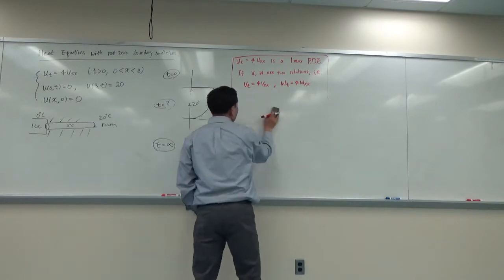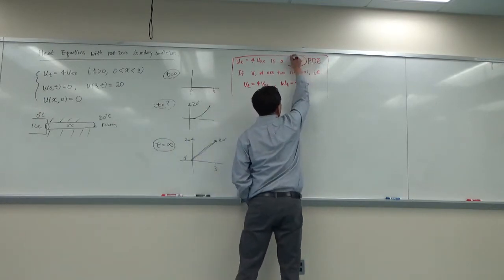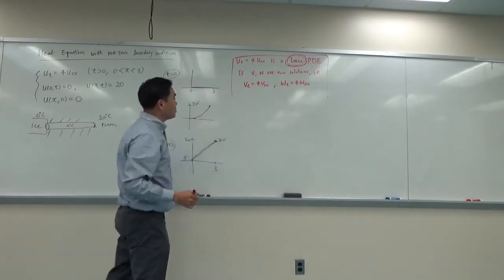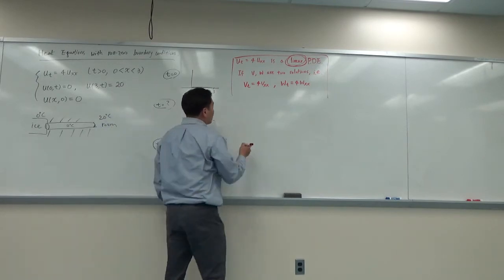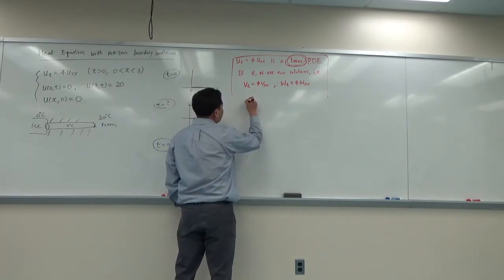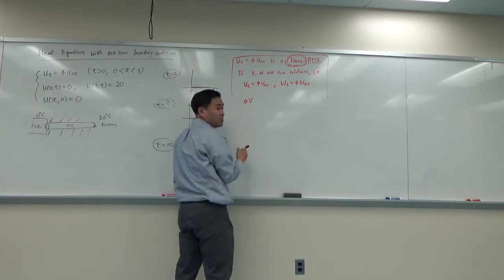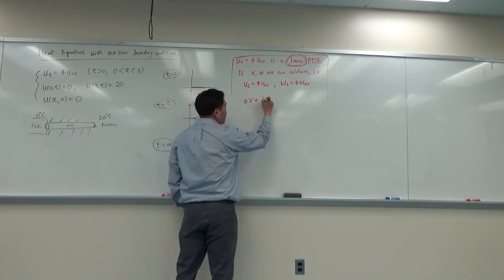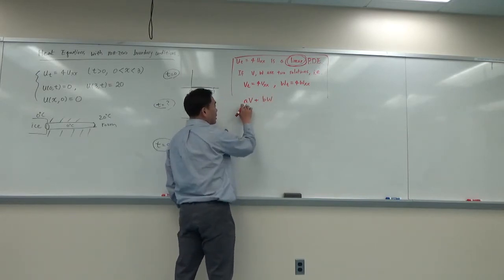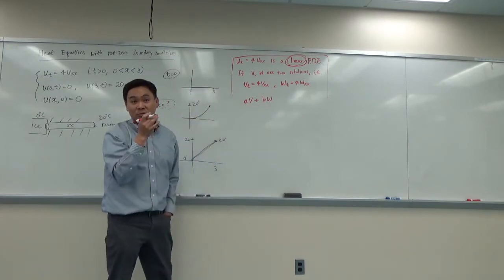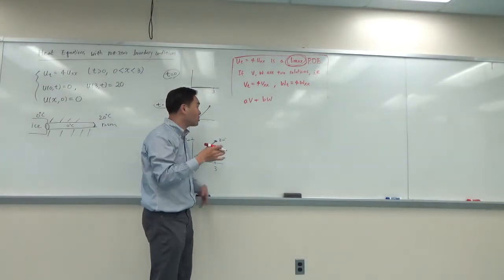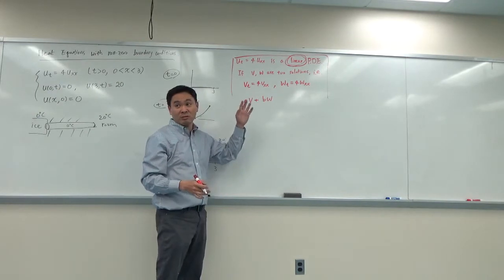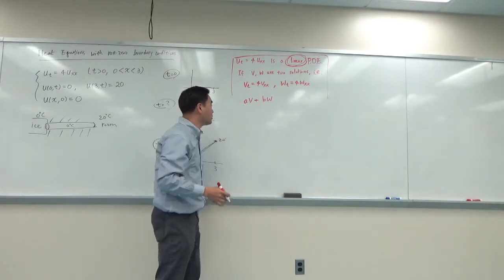Then saying that it's linear, that's the important part. Saying that it's linear means that if I take any multiple of v and any multiple of w, where a and b are constants, these are not functions. Hopefully it's not going to confuse you. So v and w are functions of x and t, and a and b are constants.